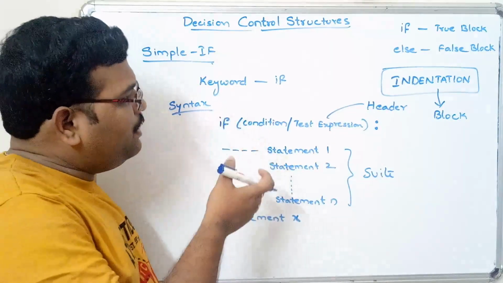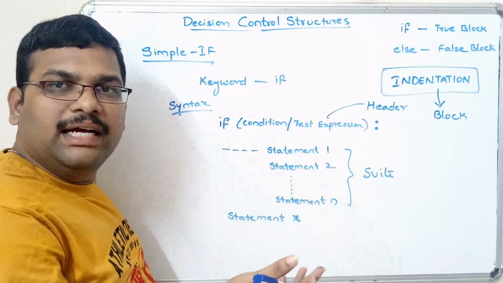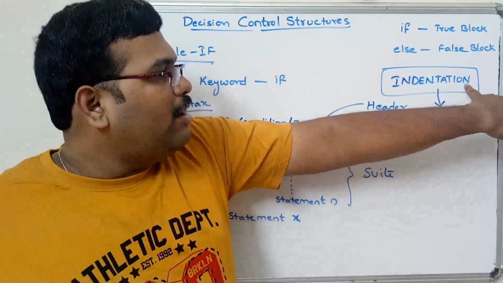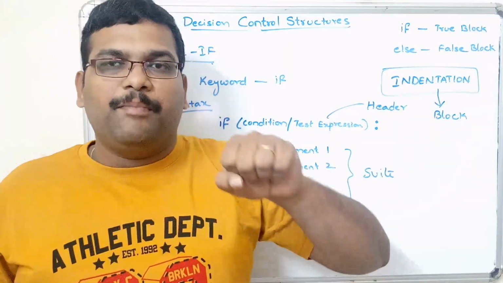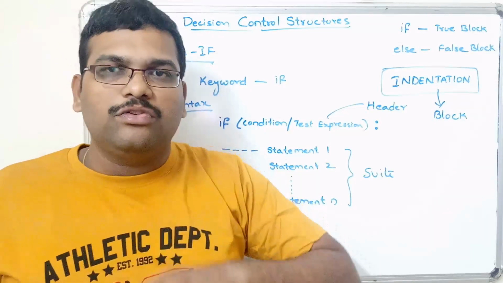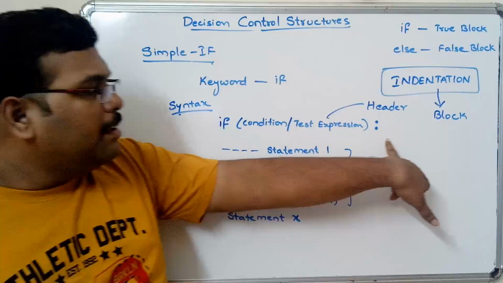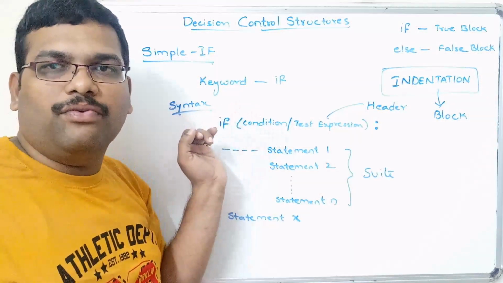This applies to all the iterative statements and all the decision control statements. So in Python, in general, we have to follow indentation, and the indentation specifies the block of statements. To represent the block, we include a colon at the header of this control flow.